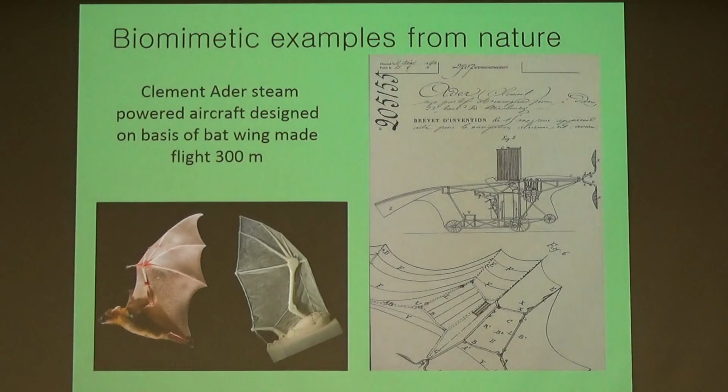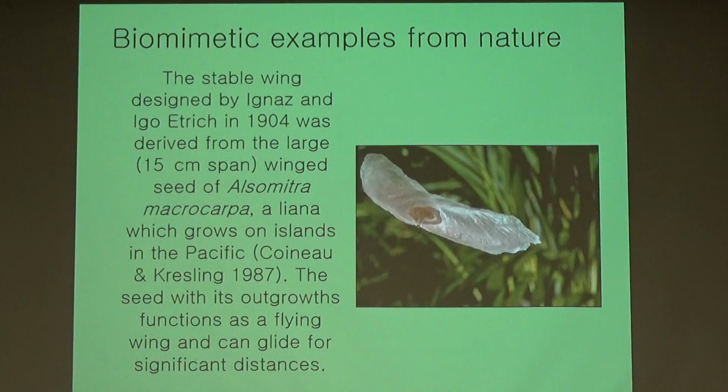There are some more examples. Clement Ader developed a steam-powered aircraft, and the wings were designed based on the structure and morphology of bat wings. But obviously, a lot of these are not in use today. They didn't take off, which is the caveat I was talking about.